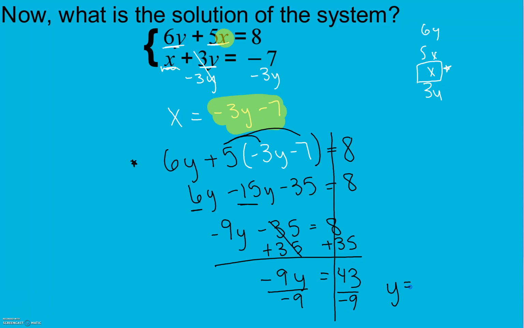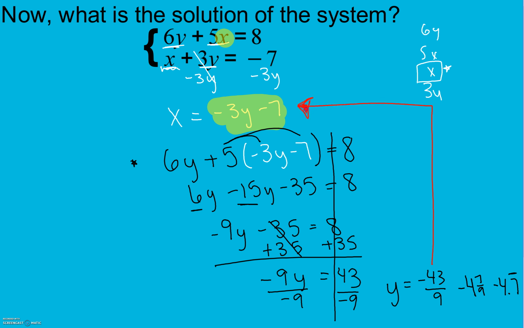So we're going to keep y as -43 over 9. You also could write that as -4 and 7 over 9, or -4.7 repeating, but we don't want to round. We want the exact answer because we still have to plug that back in to find x, and we want it to be exactly right.